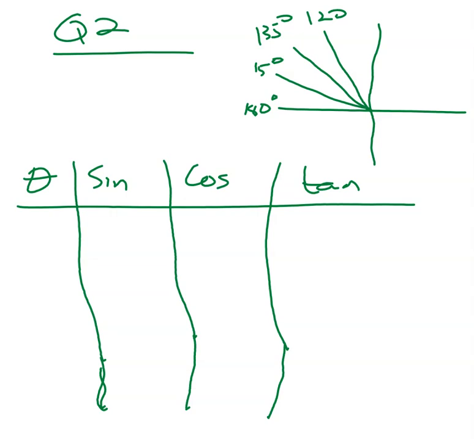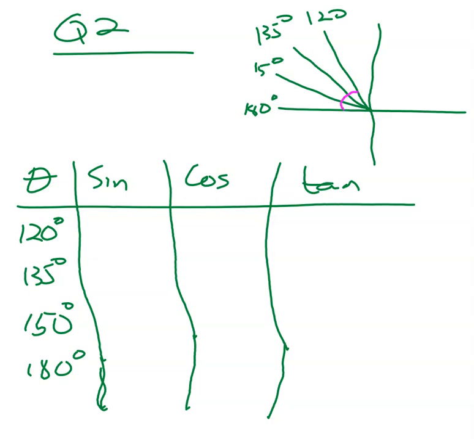So here we have 120 degrees, we have 135 degrees, 150 degrees, and then we have 180 degrees. Okay, so let's go ahead and do that. What I'm going to do here is I'm going to get the reference angle for each of these. So look at this, 120 degrees.